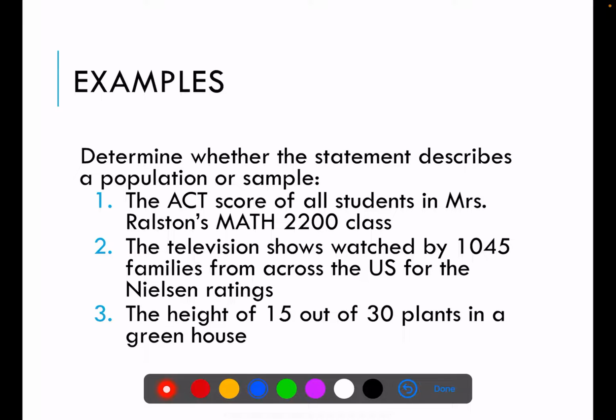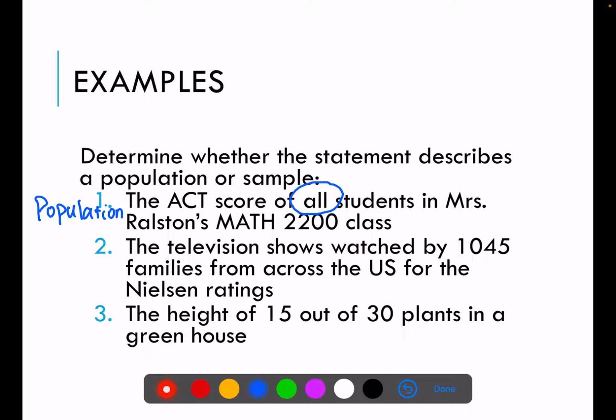Let's take a look at some examples and determine whether the statement describes a population or a sample. The ACT scores of all students in a math class. Okay, the keyword is all students, and that's the population that we want to understand. So this statement describes a population. The television shows watched by 1,045 families from across the US.